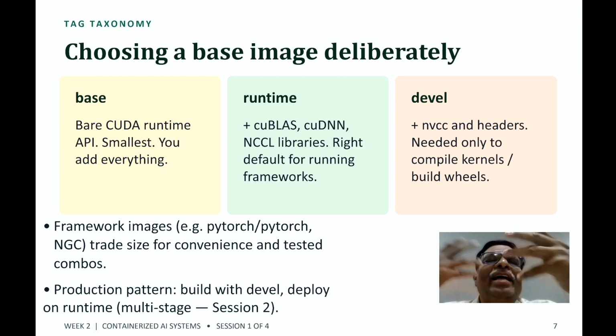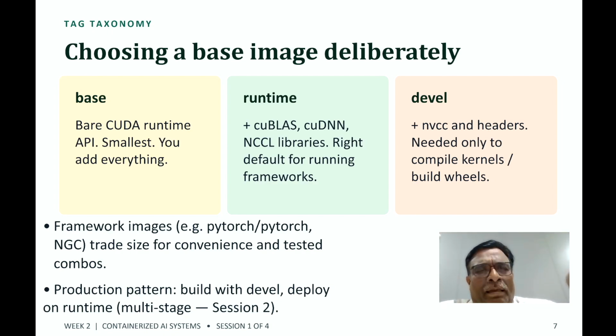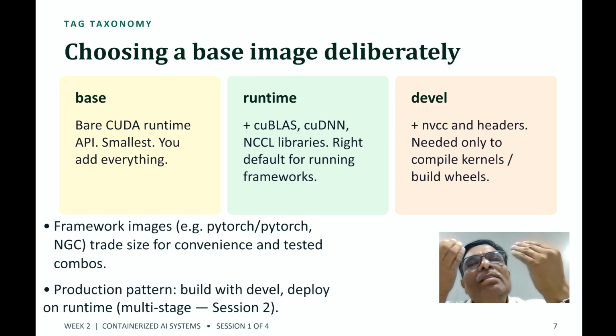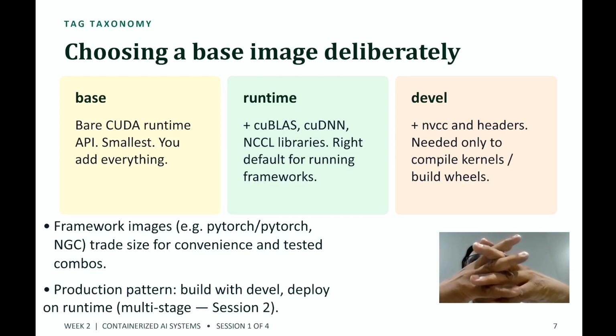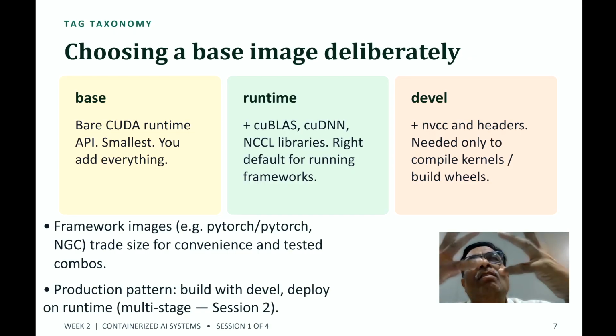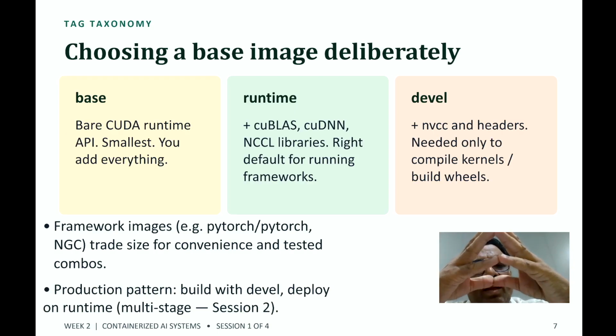So the basic idea we want to convey is that based on the application, based on the requirement, we can choose our base image very cautiously, and only what is needed. Otherwise, it is going to unnecessarily increase the size of our container, okay?